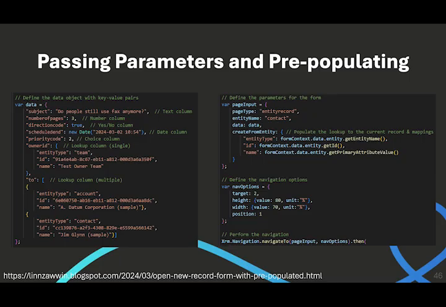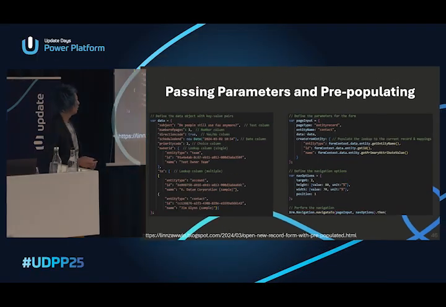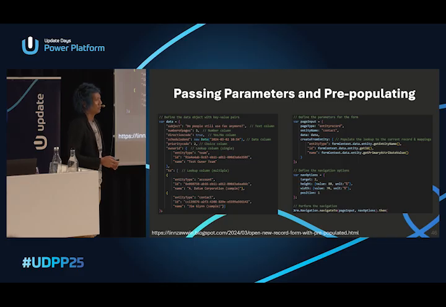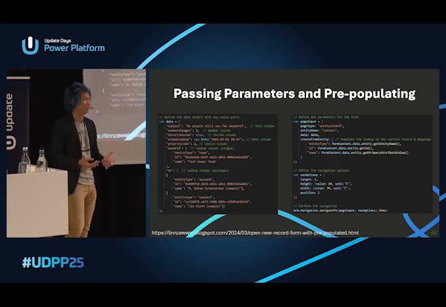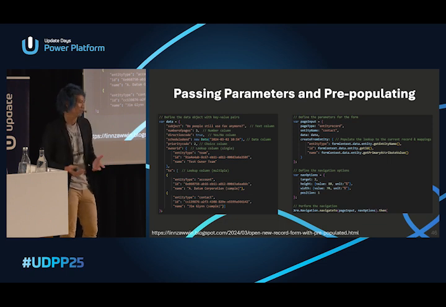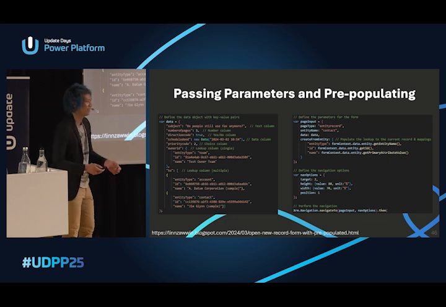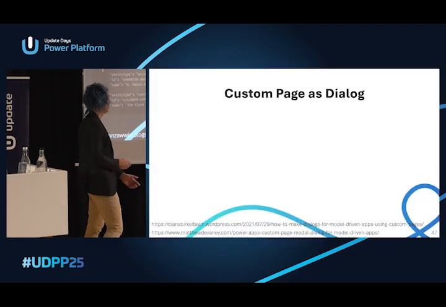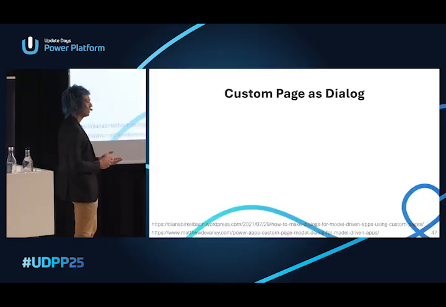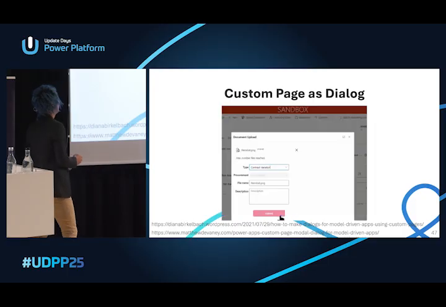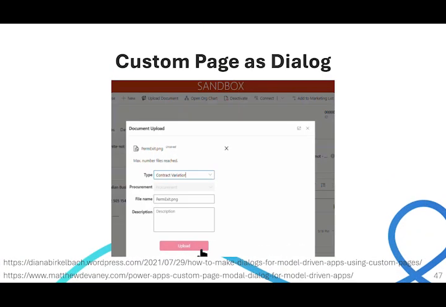And yeah, when the custom page came up, a lot of us tried to use it as a replacement for the deprecated dialog feature. Like Diana's blog post about using the custom page as a dialog, that is something we are all using in our projects as part of the dialog feature.